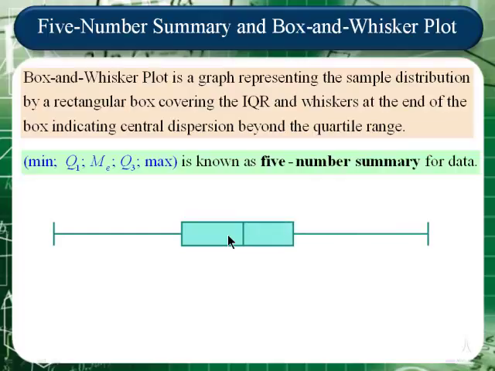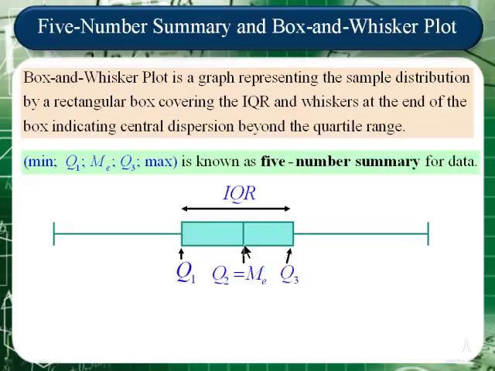So all it really means is we draw a box like this. Now the left edge of the box is the value of Q1, while the right edge is Q3, and we know by now that the interquartile range is that spread between Q1 and Q3.